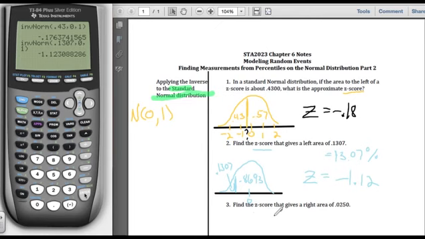Our final question, find the z-score that gives a right area of 0.0250. It's a little bit different than the first two. I'll draw out my picture, my standard normal curve.